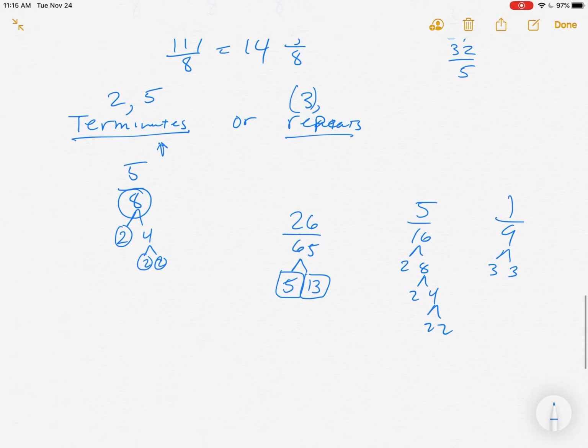Okay. So those are the types of ones they want you to get a quick feel for what's going to happen. So let's look at something like 1/7. Let's look at 1 divided by 7 and see what happens. On my calculator, I'm getting 0.142857 and then 142857.